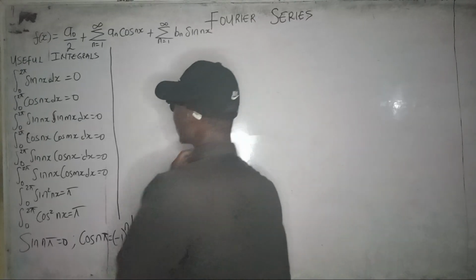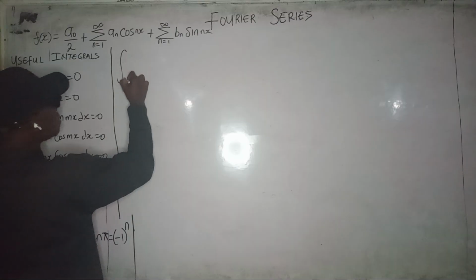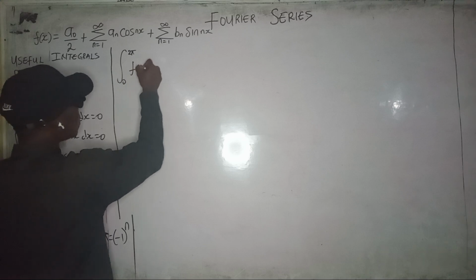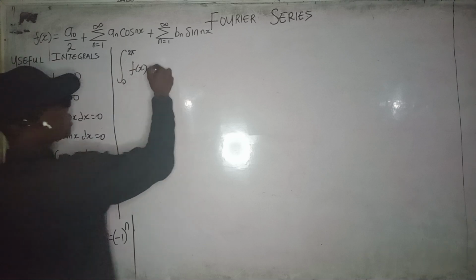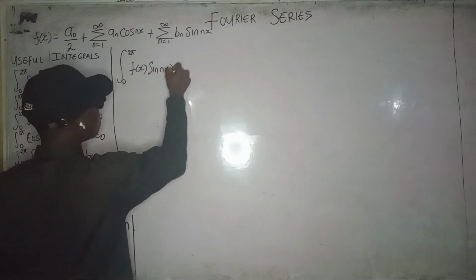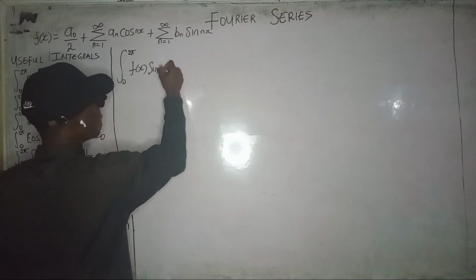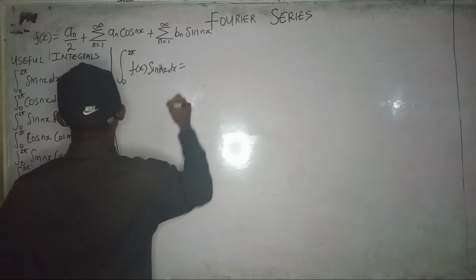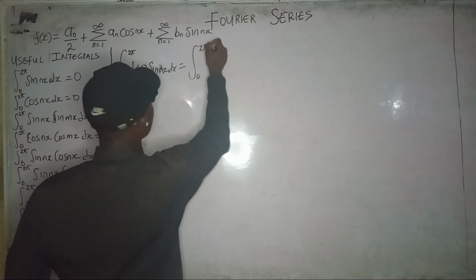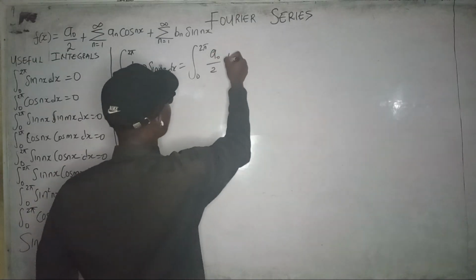So now doing that, we're going to have the integral from 0 to 2 pi of f of x, which is initially there, then the addition, which is sine nx, sine nx dx, is equal to, now we have this as integral from 0 to 2 pi of a naught over 2 dx, plus the integral from 0 to 2 pi of an cos nx, which is initially there, then the sine nx which you're adding, sine nx dx.